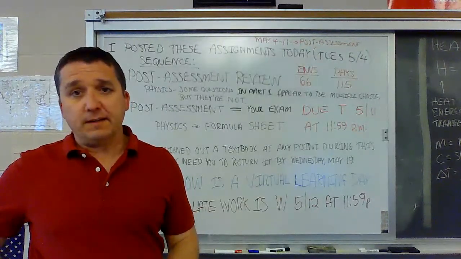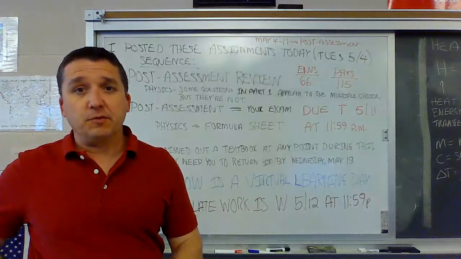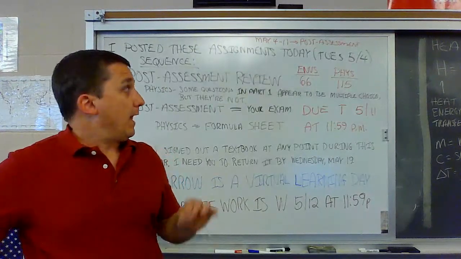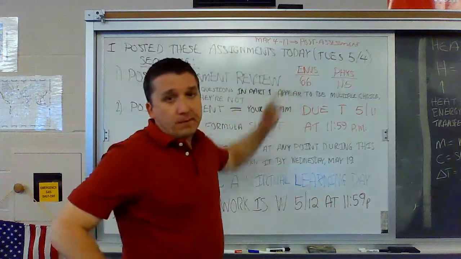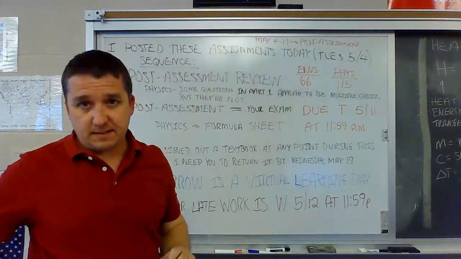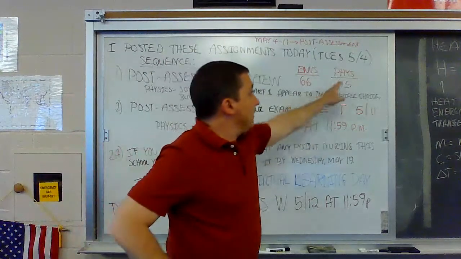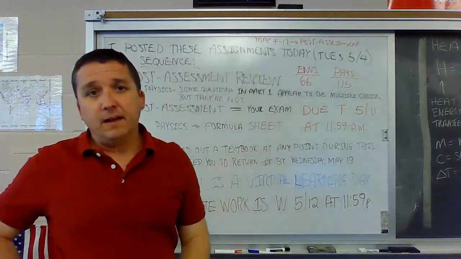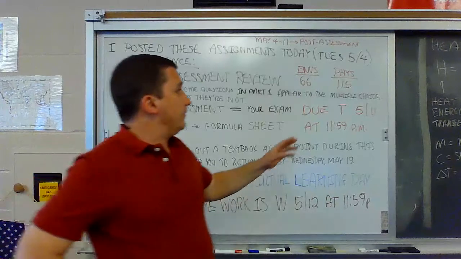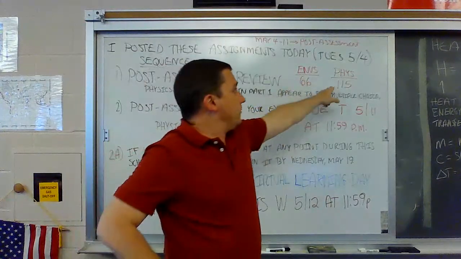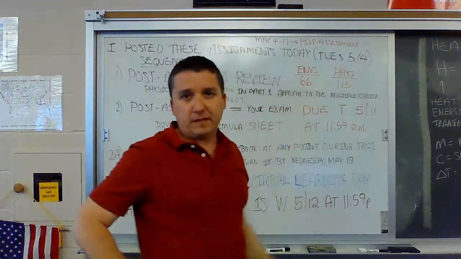We're almost done here. I basically need some of you to step up to the plate and take care of business. Ideally, everyone in environmental science earns a 66 out of 66, and ideally, everyone in physics earns 115 out of 115. Even 60 out of 66 is fine, and 110 out of 115 is fine.